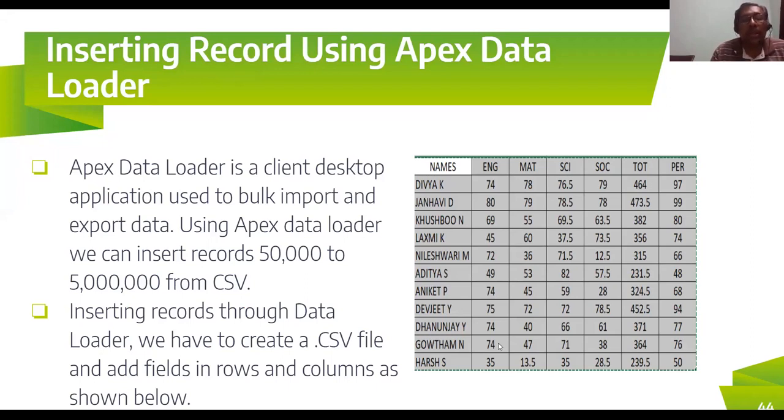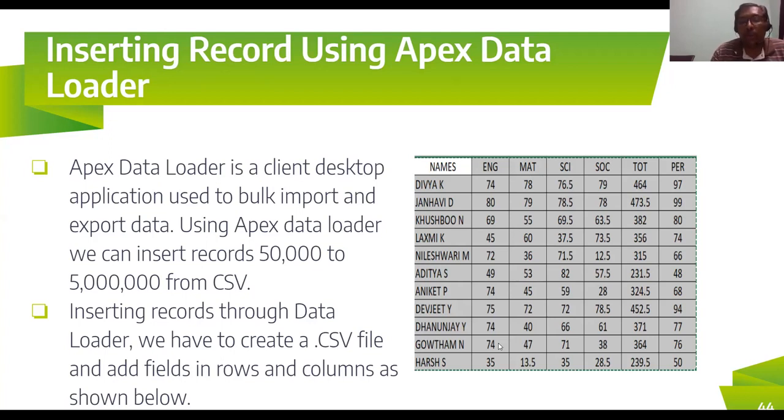To insert records through the Data Loader, we have to create a CSV file and add the fields in rows and columns as shown. Assume that we have a student object.